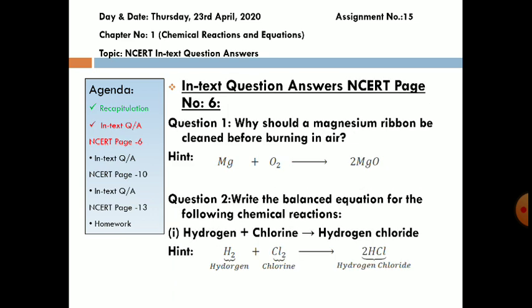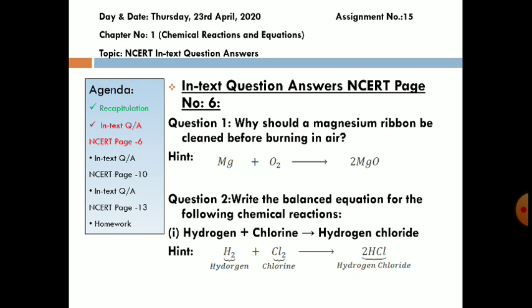Now coming to questions on page number 6. The first question is, why should a magnesium ribbon be cleaned before burning in air? Magnesium is a very reactive metal like sodium and calcium.